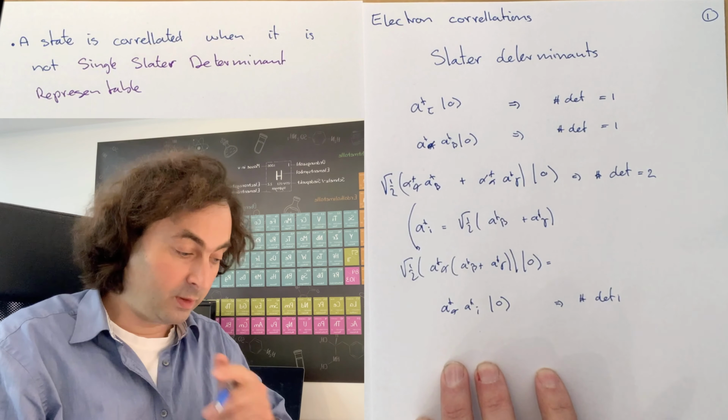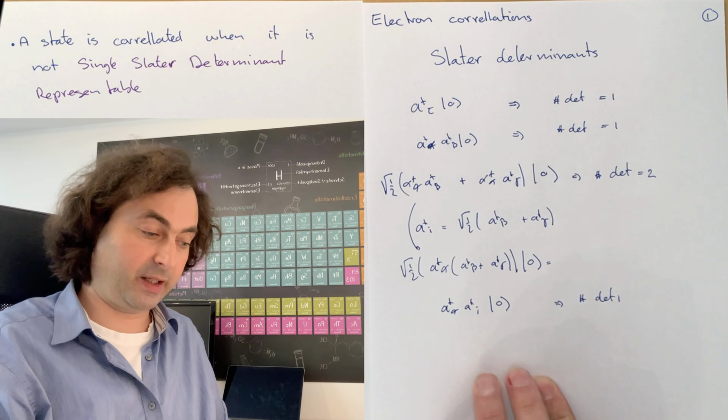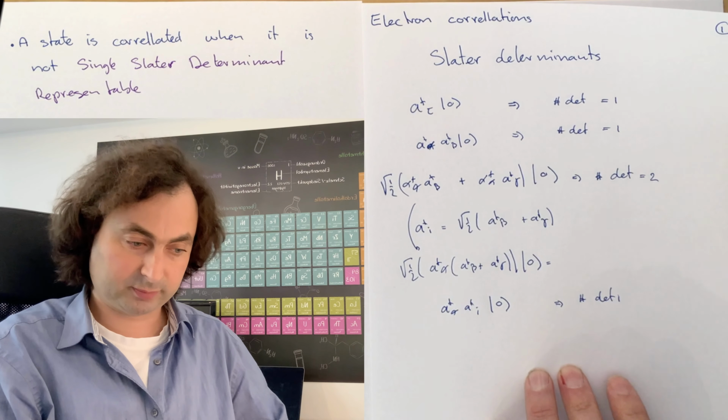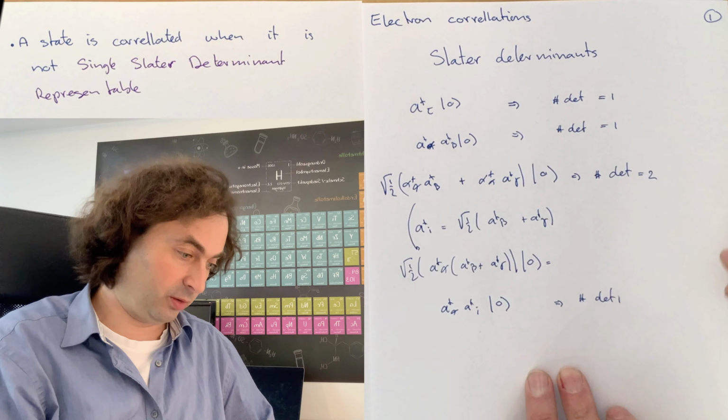So all three wave functions that I have written down so far are single Slater determinant representable and therefore by definition uncorrelated.